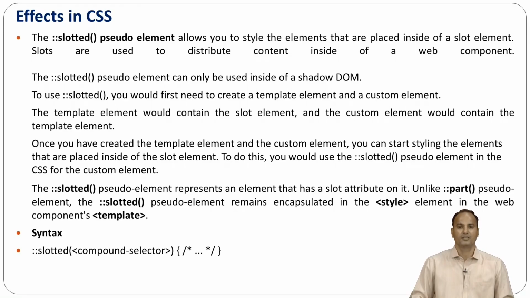To do this, you would use the slotted pseudo element in the CSS for the custom element. The slotted pseudo element represents an element that has a slot attribute on it. Unlike the part pseudo element, the slotted pseudo element remains encapsulated in the style element in the web component's template. The syntax for slotted is like this: slotted in brackets, it requires a compound selector and the property you want to set.